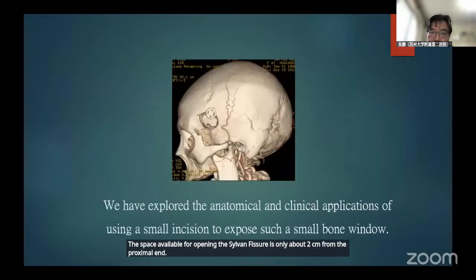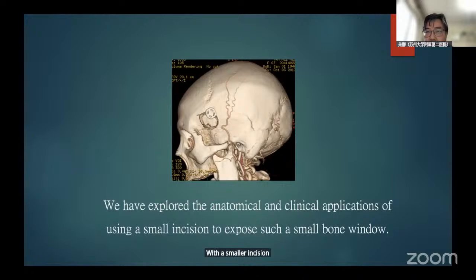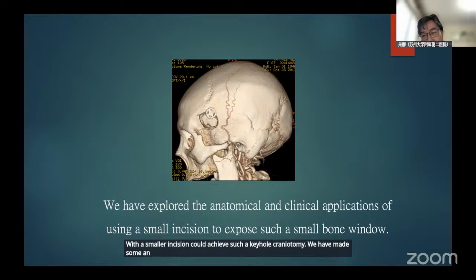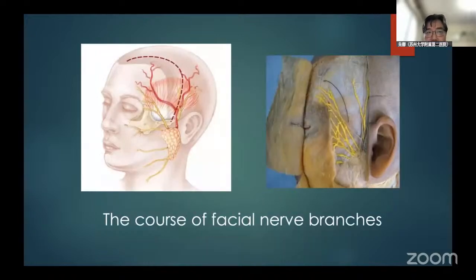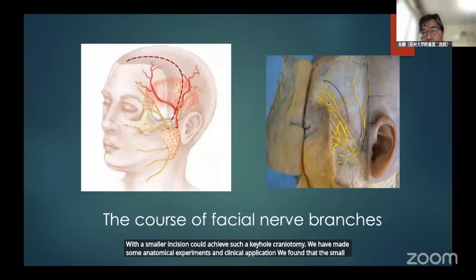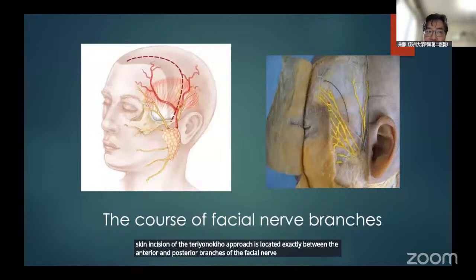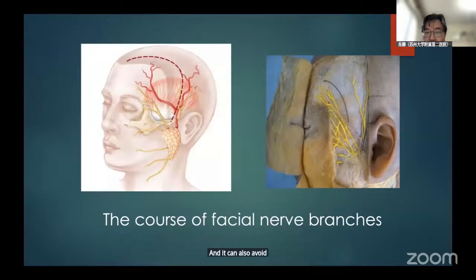Whether a smaller incision could achieve such a keyhole craniotomy, we have made some anatomical experiments and clinical applications. We found that the small skin incision of the pterional keyhole approach is located exactly between the anterior and posterior branches of the facial nerve and can also avoid injury of the frontal branch of the STA.